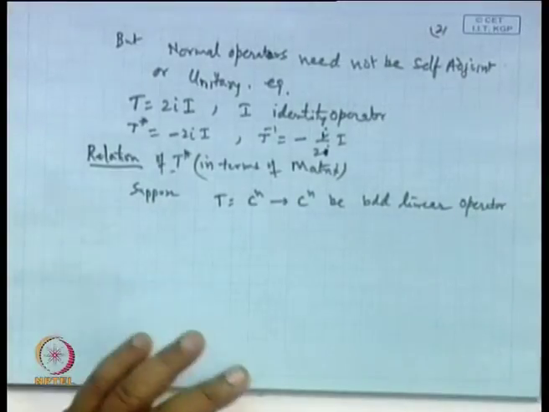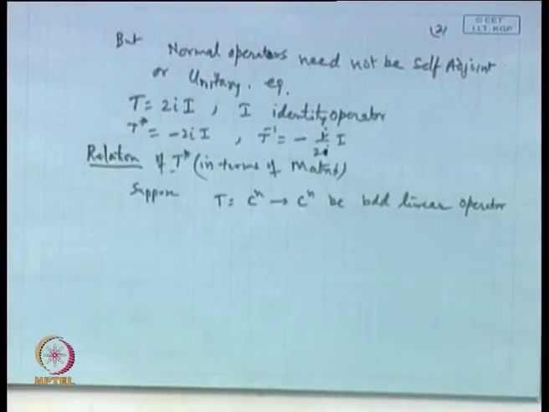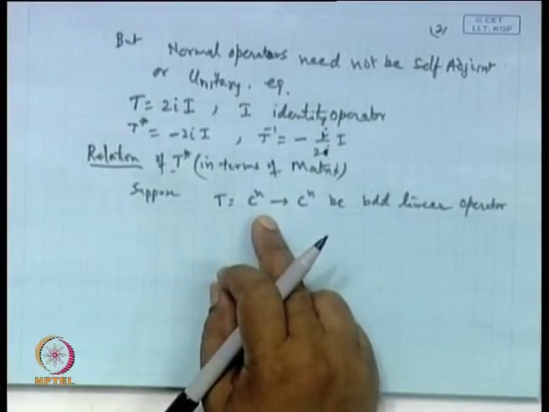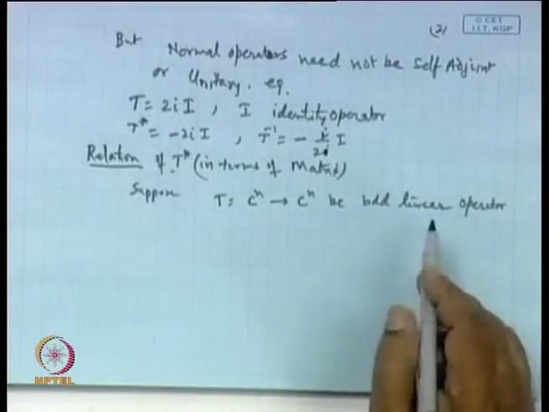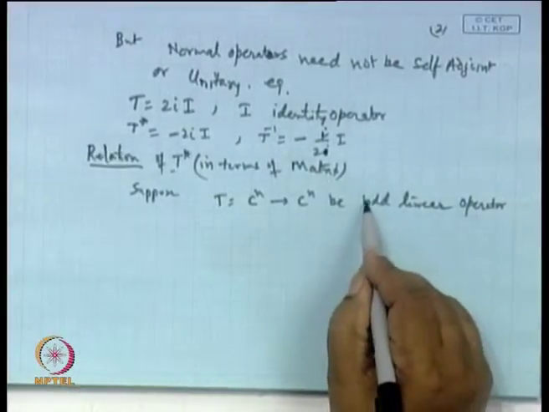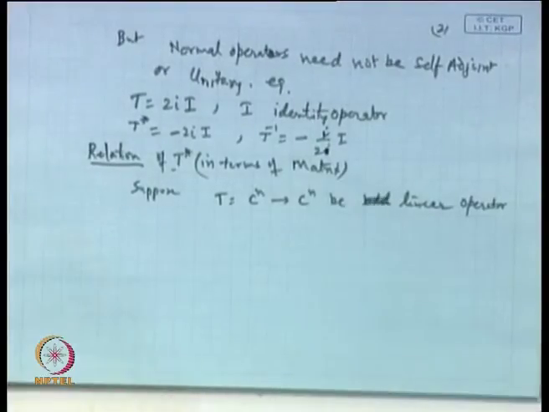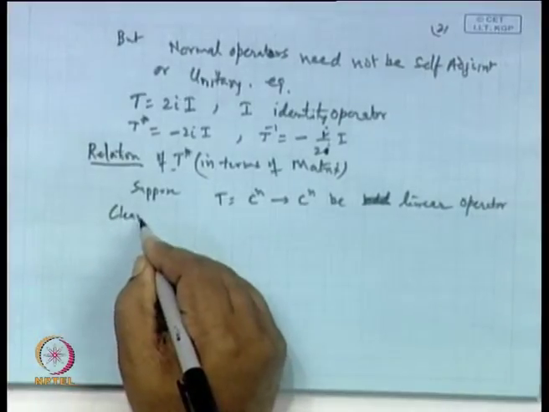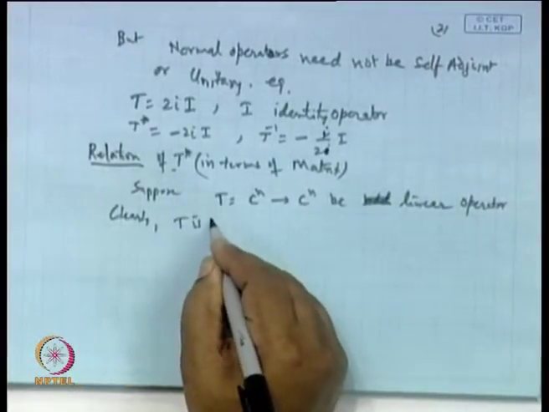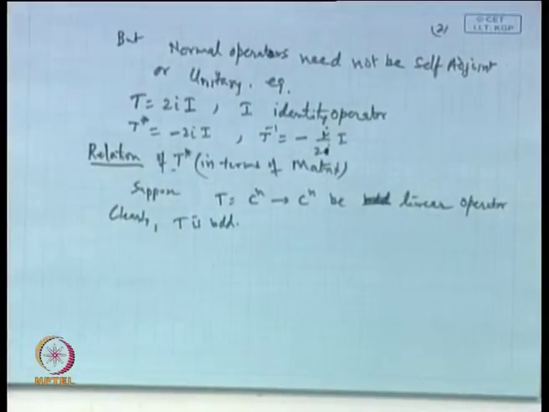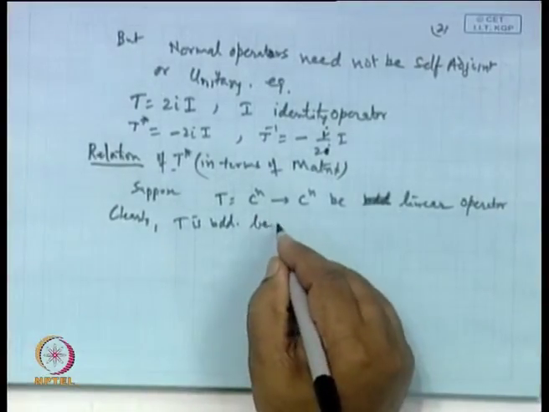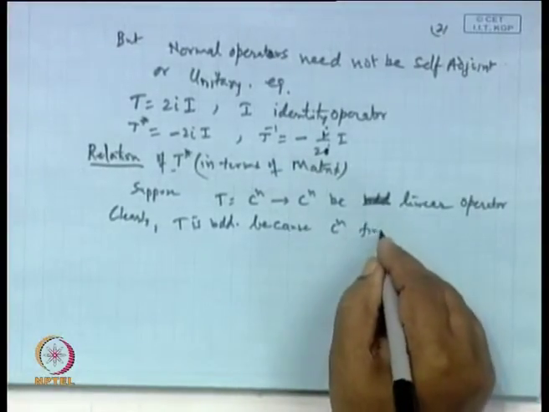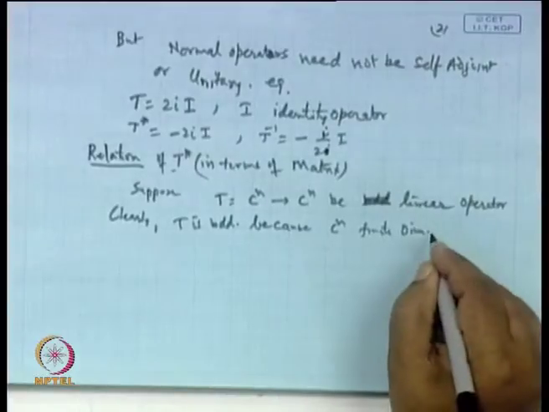Since Cn is a finite dimensional, n dimensional space, even if I do not assume bounded and take only linear T, clearly T is bounded, because Cn is a finite dimensional vector space.